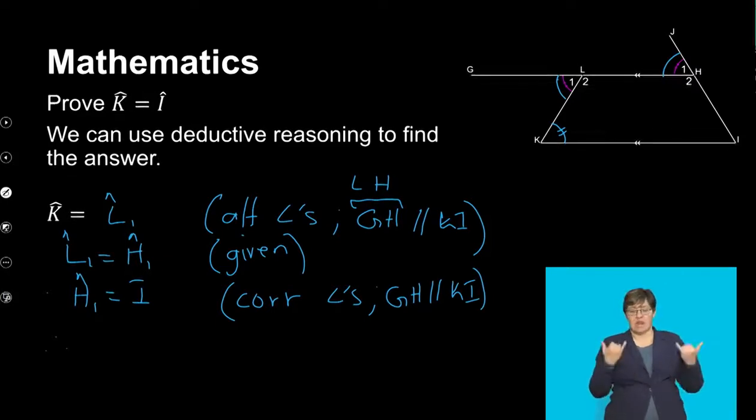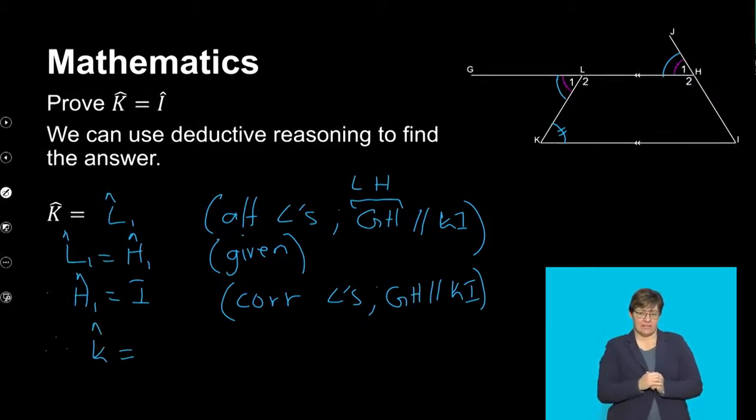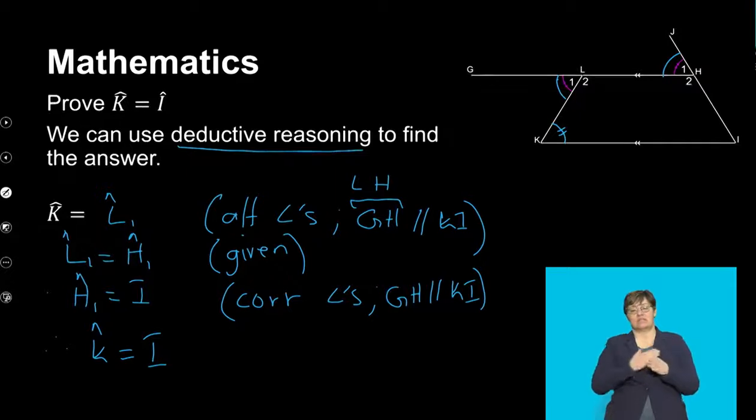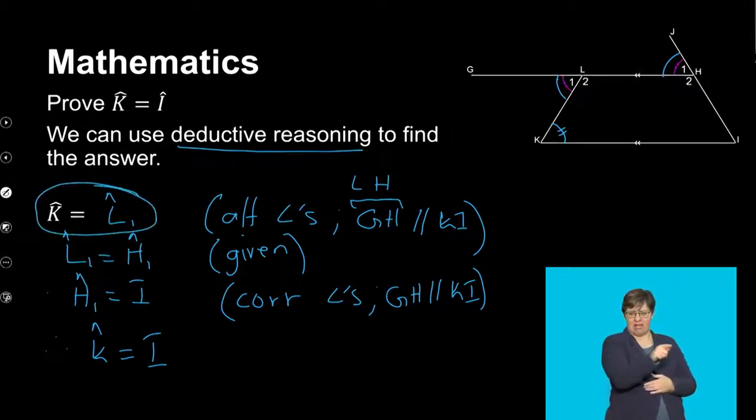Then I can now safely say K is equal to I. And my reason for this is that they are both equal to H1, which is what we initially spoke about. But you wouldn't really need to write that reason here, because you would have used deductive reasoning: I started with the first statement, I know this, alternate.